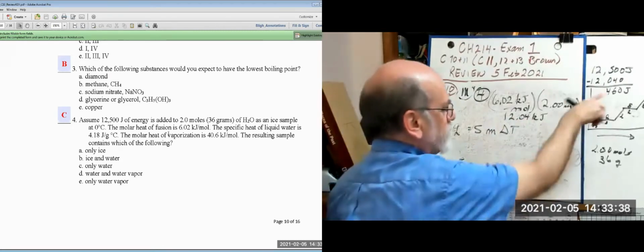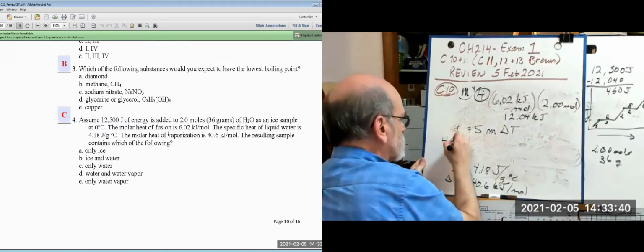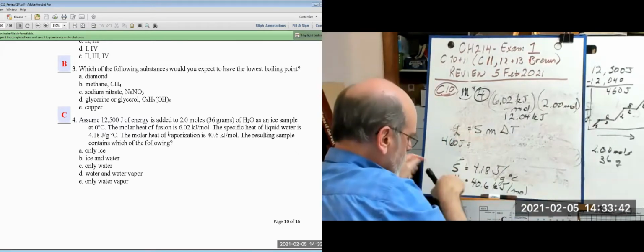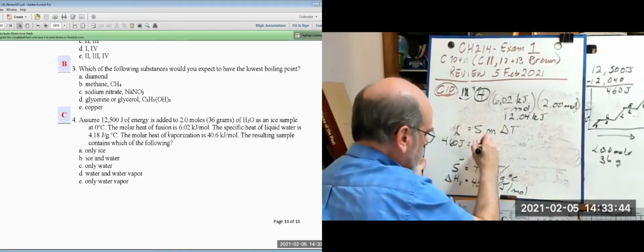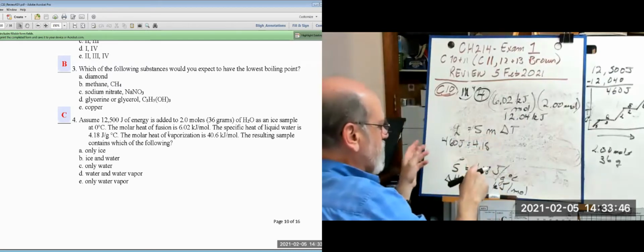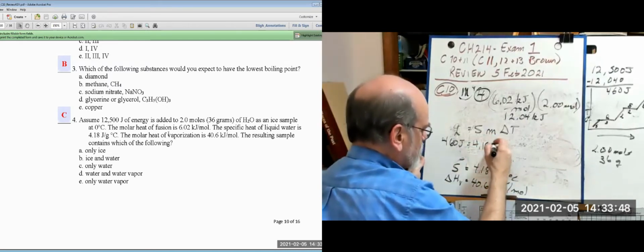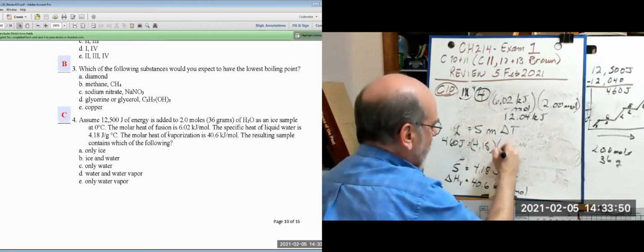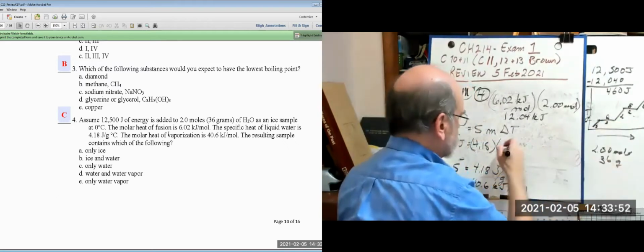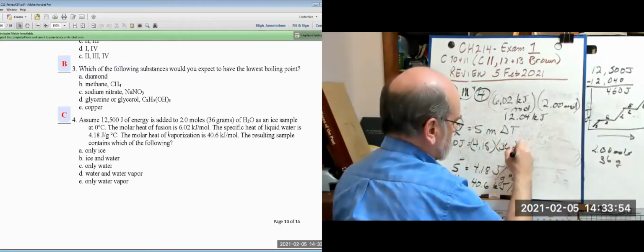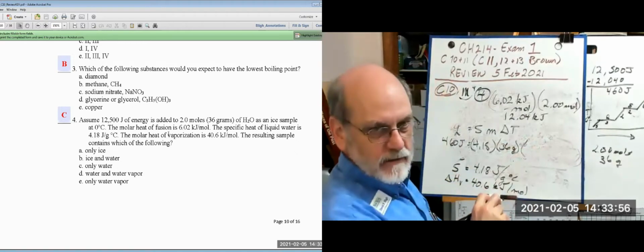So how much heat do we have? 460 joules. S is 4.18. I'm going to leave the units out just for convenience. The mass is 36 grams. And what's delta T?